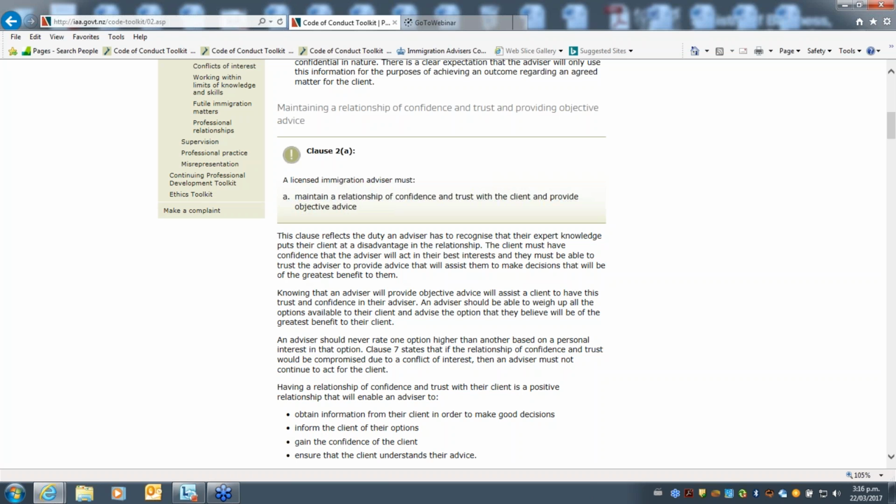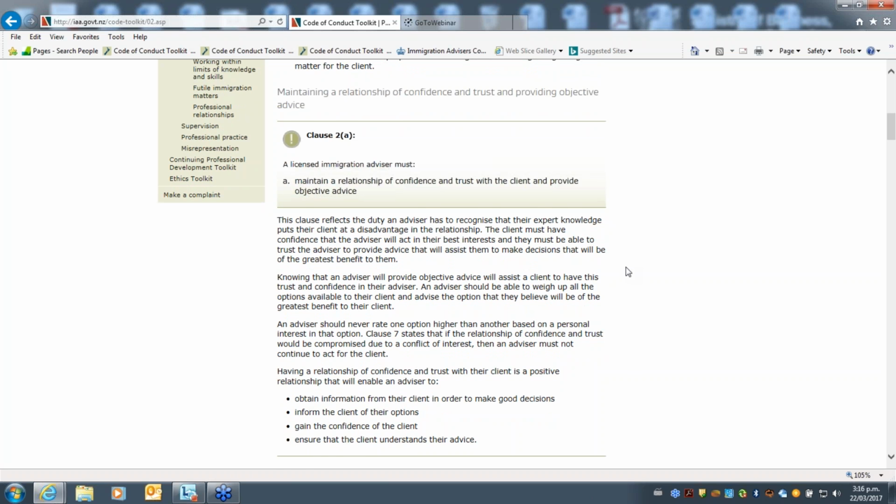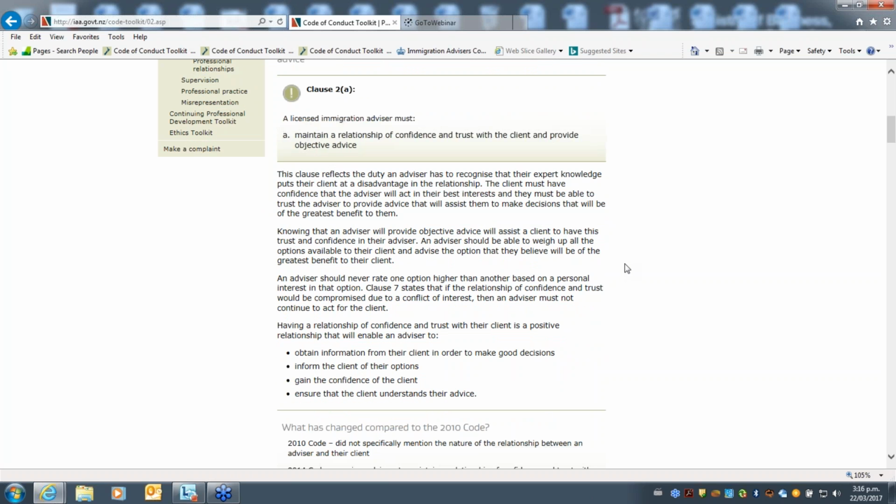So it's really important up front that you think, well, actually as a licensed advisor, I need to enter into a relationship with my client and develop a relationship of confidence and trust with them. And that allows me then to provide them with objective advice. So it's important not to take this for granted and to actively think about how you are entering into a relationship with the client.